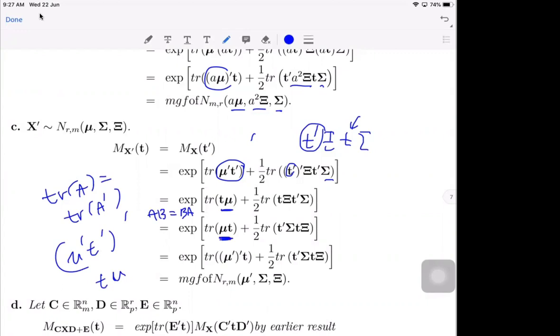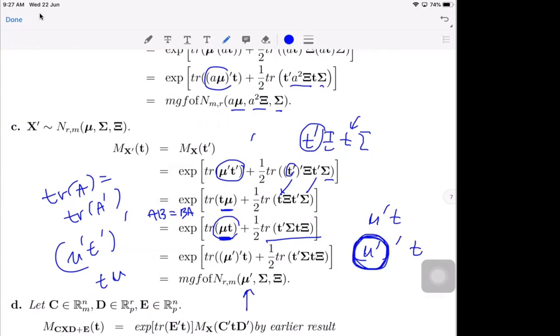And then the t prime prime is just t. This is t prime. So it takes the form we want. We want the form mu prime t. But that is equivalent to mu prime prime prime t. So your parameter here is mu prime.